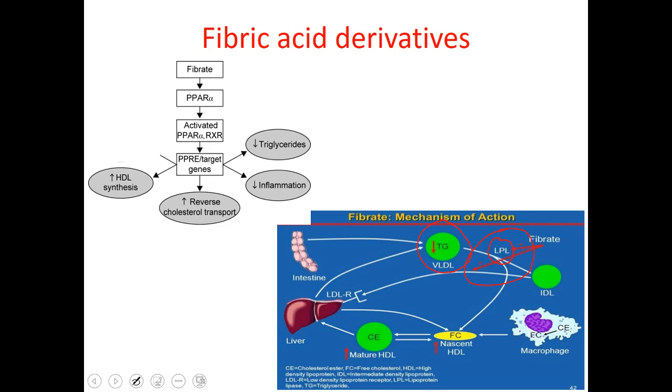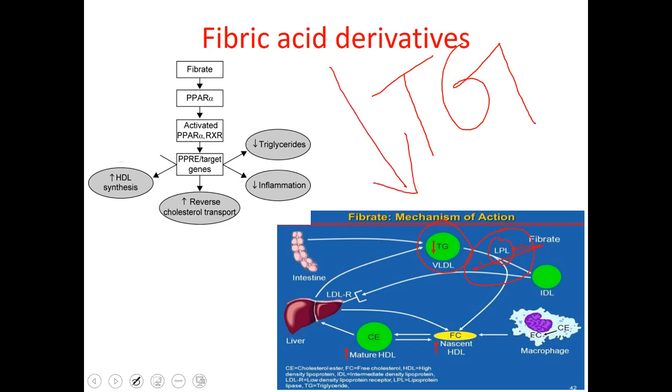So, if you want to remember one key point with regard to the change in the lipoprotein that you will see with the use of fibric acid derivative, please keep in mind they are very good reducers of triglycerides. That is the key lipoprotein change that you will observe with fibric acid derivatives. VLDL, by activating lipoprotein lipase in the blood vessels.